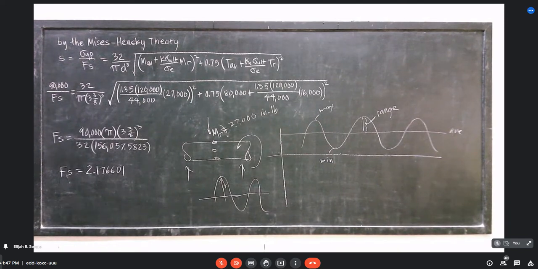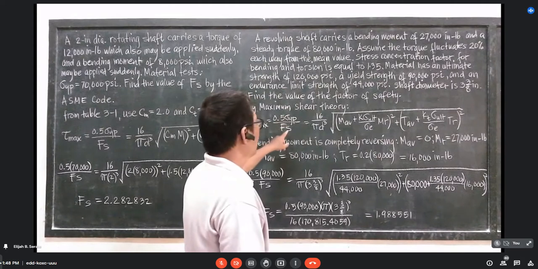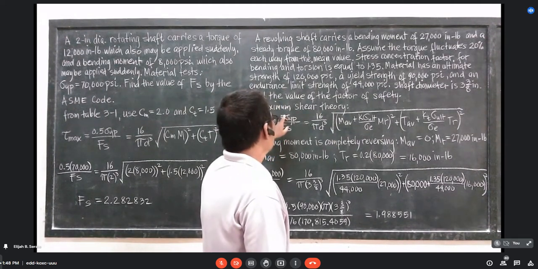We have already discussed this formula last time. So what we do here is just substitute values. 90,000 over factor of safety. Remember, this is yield point in tension. The difference from the maximum shear stress theory is that it is 0.5 times the yield point over the factor of safety because that is yield point in shear.